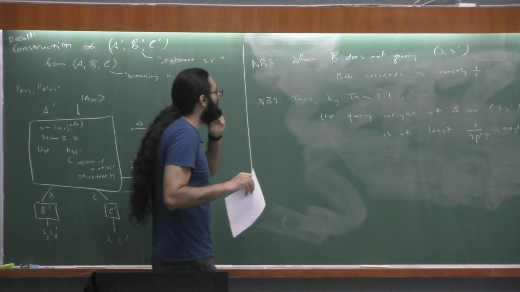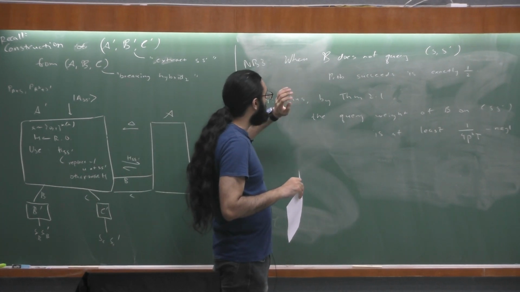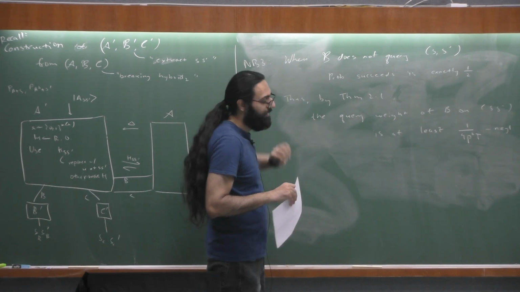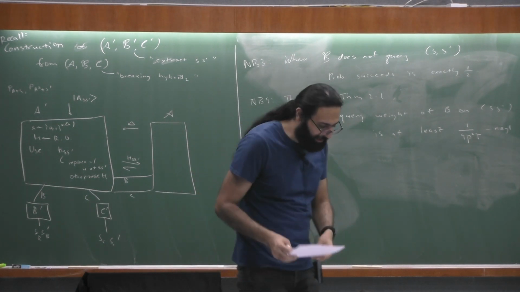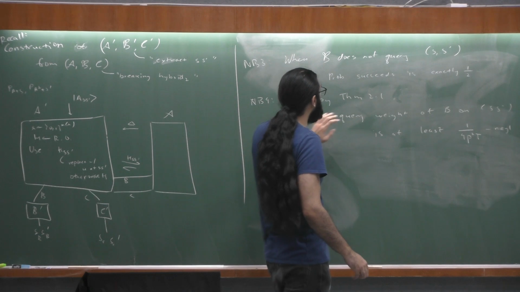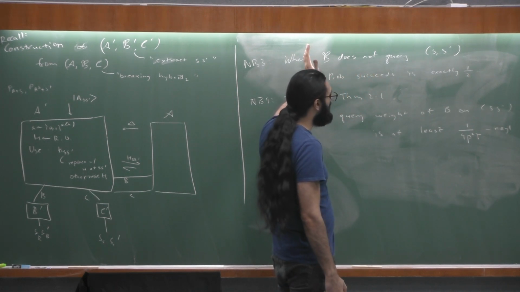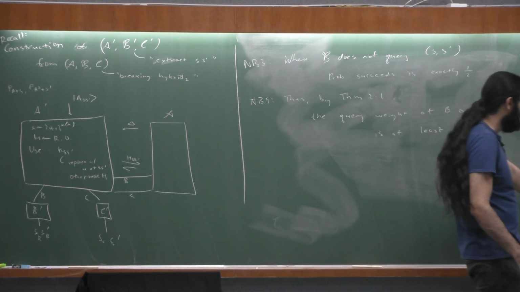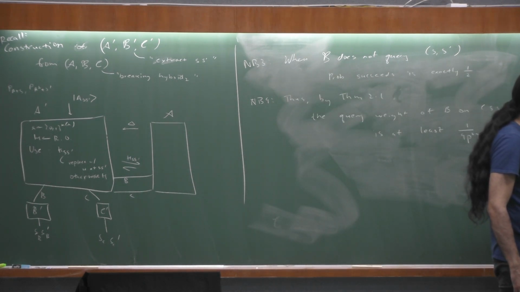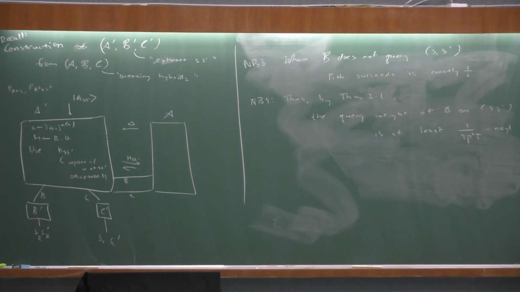Okay, maybe one can do it properly. Maybe you can actually think about it a bit yourself. It's not that difficult. All you're doing is saying that the trace distance between running B directly and running B in a way that does not query SS prime, your probability of success is at most half.